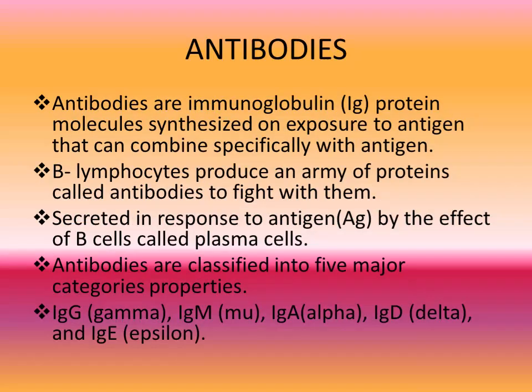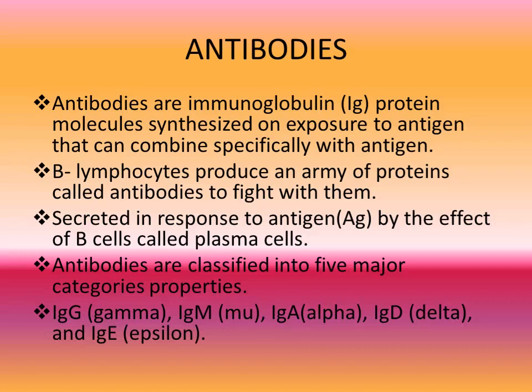There are two types. Now antibodies. So antibodies, we already know, are produced by B lymphocytes. Generally the medical term is immunoglobulin, Ig. It's a protein molecule. So when the antigen is exposed in the body, the particular antibodies are developed by B lymphocytes.